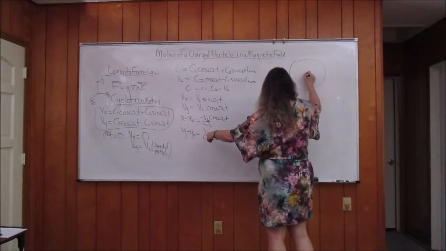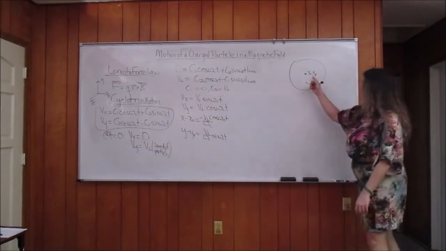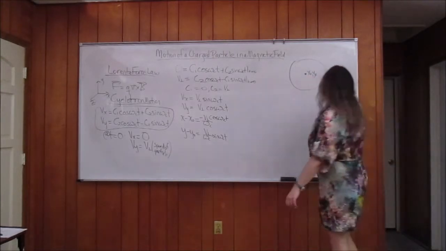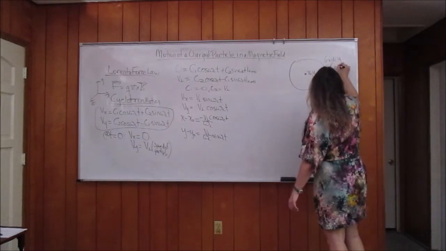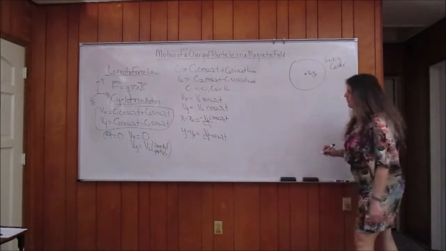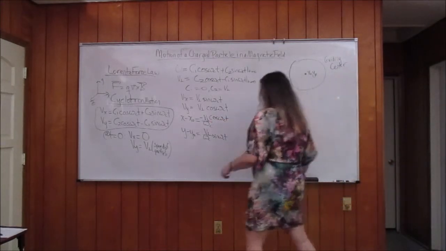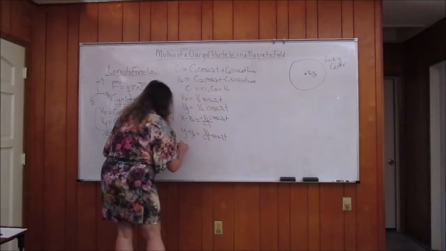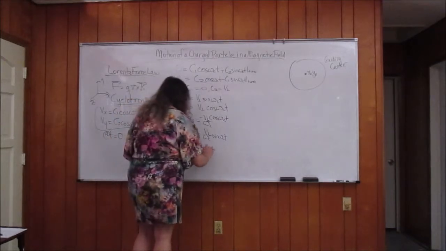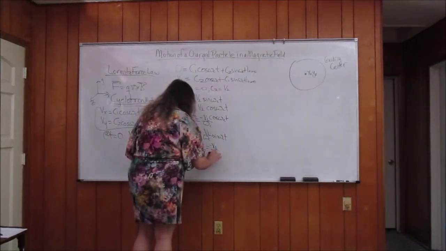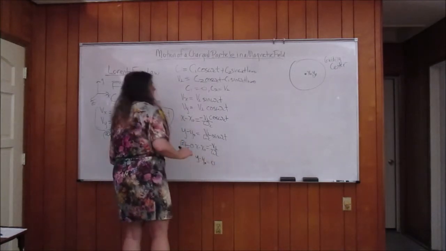The motion is centered about some position, x naught, y naught, and that's called the guiding center. So making a sketch here at time equals 0, x minus x naught is equal to minus v perp over omega c, and y minus y naught is equal to 0.